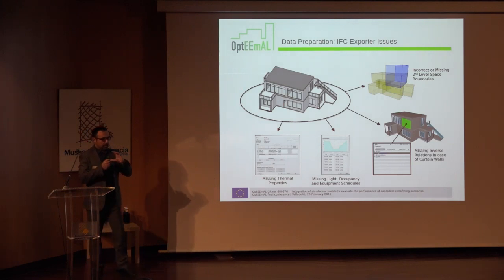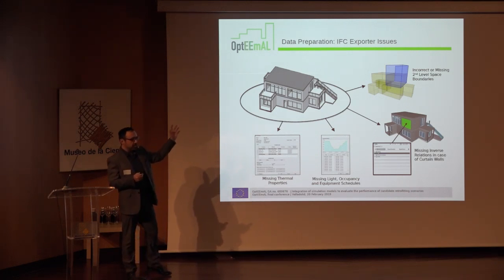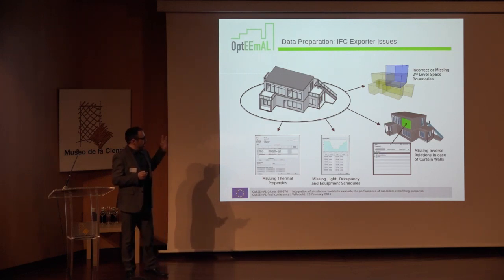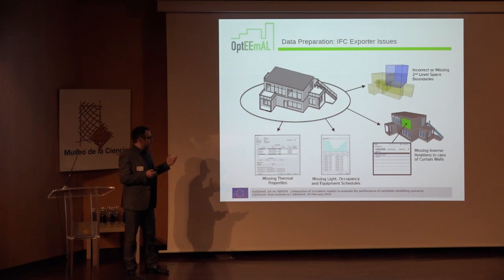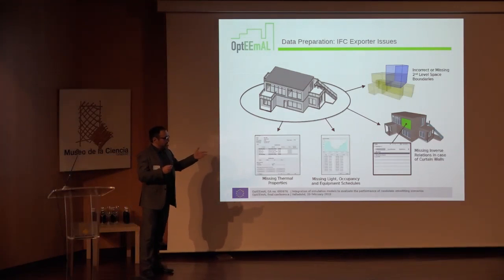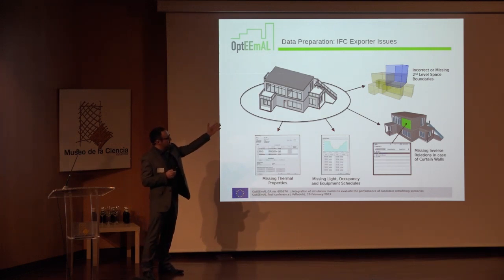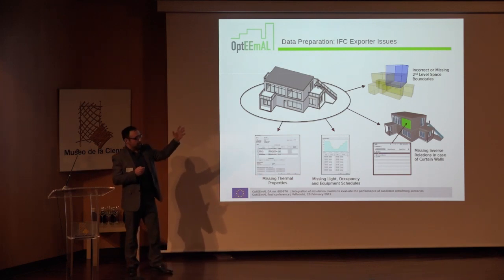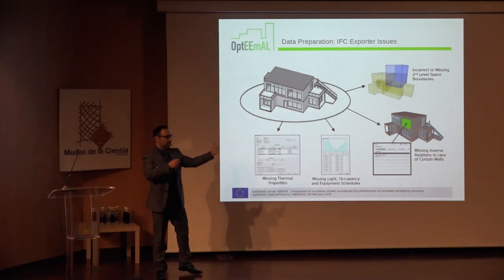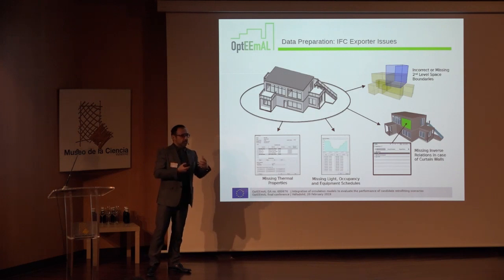Then we have to also make sure that the existing IFC exporters export the appropriate information in the IFC files, the BIM files. Right now, the existing exporters face some issues. For example, they export missing thermal properties, the schedules regarding the light and the occupancy are missing, and also, as was mentioned previously, the space boundaries, which are the surfaces where thermal exchanges occur among building spaces, are missing.